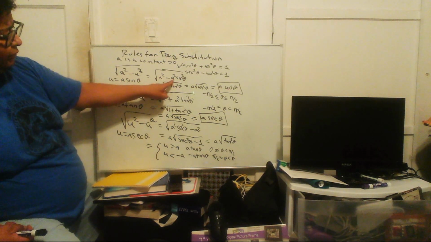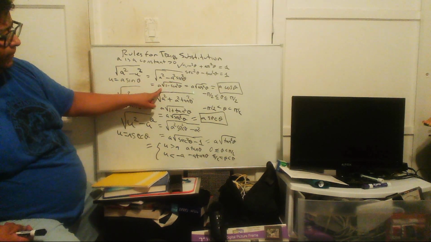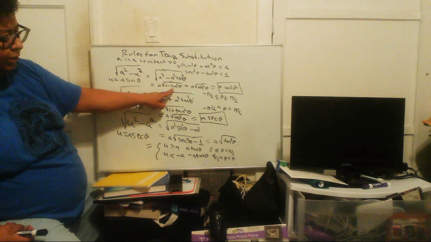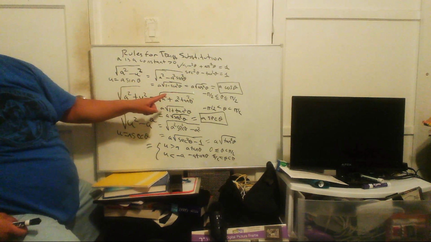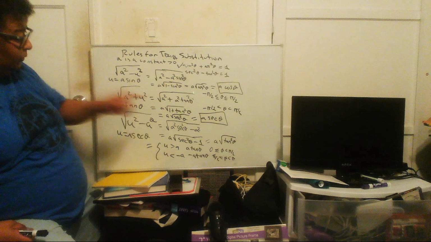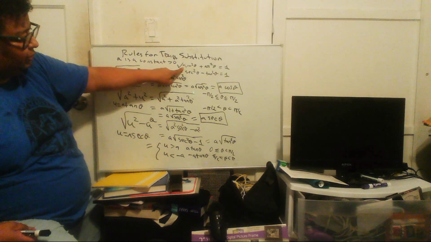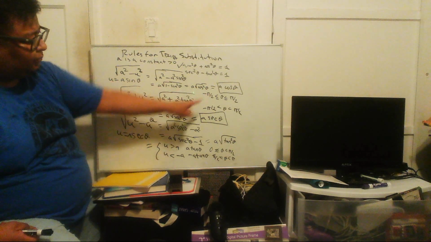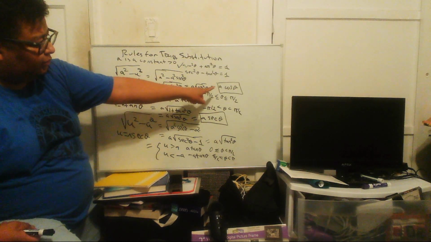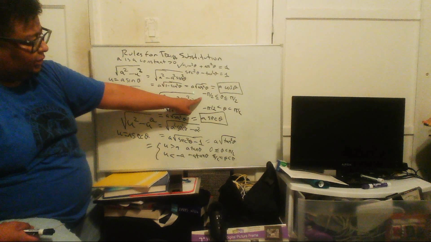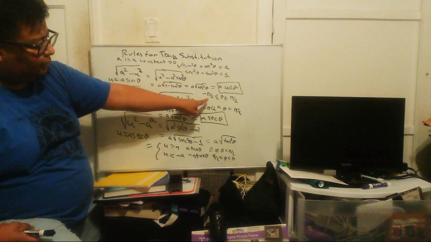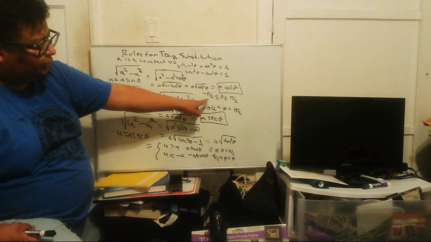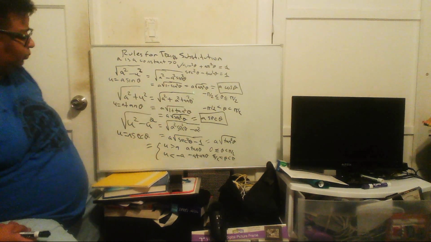You factor out an a, and then you're left with 1 minus sine squared theta. Then using this trigonometric identity, you put cos squared theta, then you take the radical, you get a cos theta, and theta goes between negative pi over 2 and pi over 2, greater than or equal to negative pi over 2 and less than or equal to pi over 2.